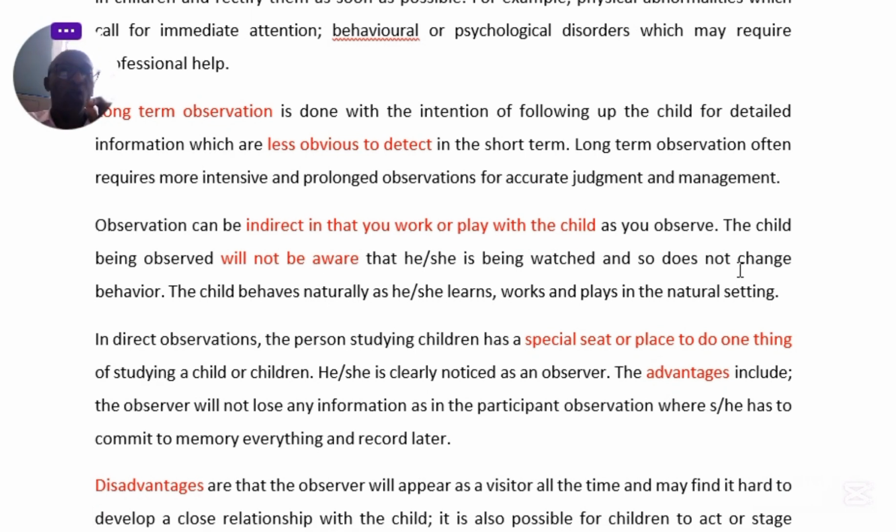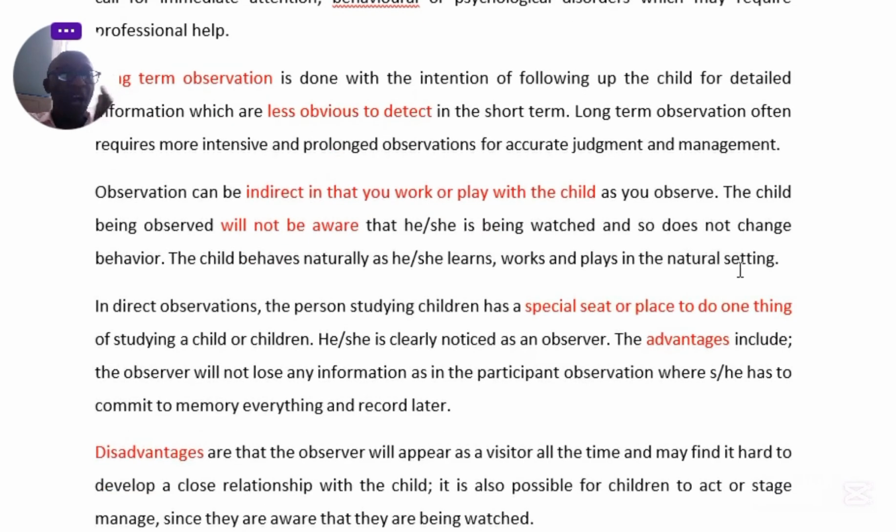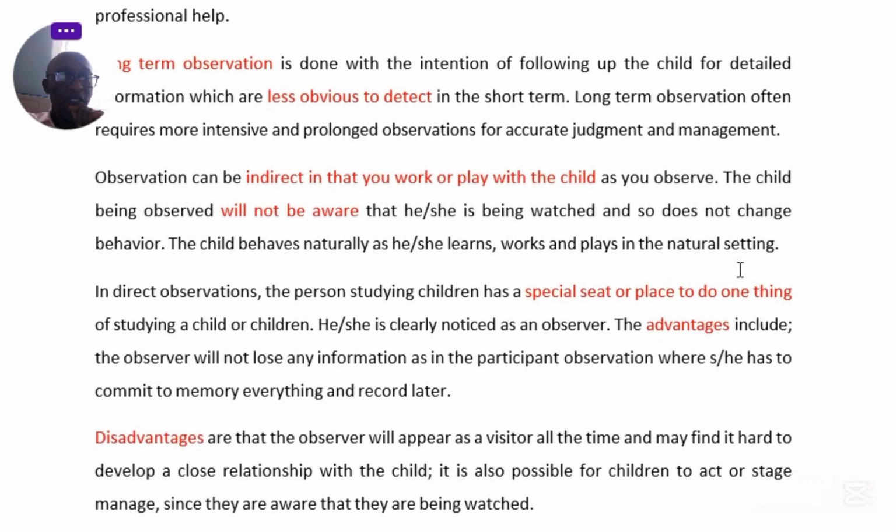Should you decide to use observation as a method, it has its advantages. One, you the observer will not lose out any information. You will commit everything to memory and then record later. However, it comes with disadvantages.